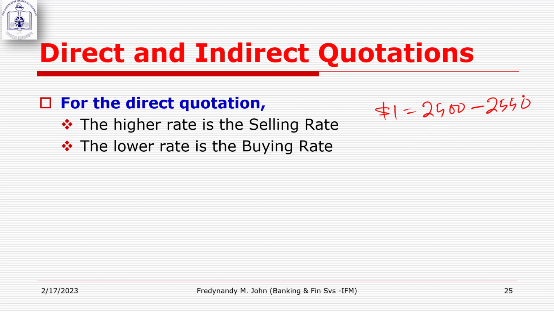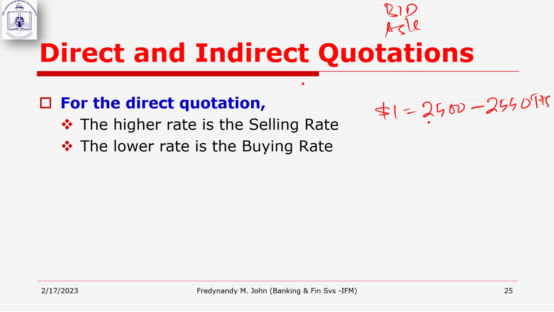They are unmarked. How will you know which price or which rate here is the selling and which one is buying? How will you determine the bid and ask? To determine correctly the bid and ask, first of all, you need to identify the currencies involved, for instance, TZS and dollar.